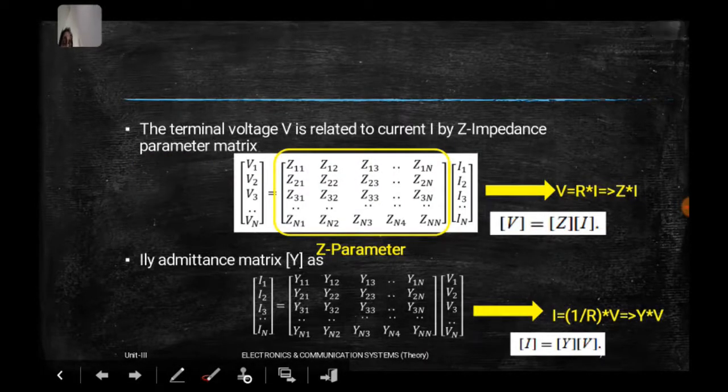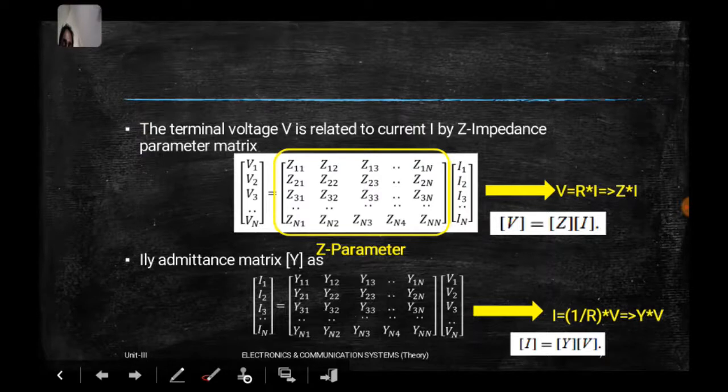V1 in the matrix, how do you write the algebraic equation? V1 equals Z11 times I1 plus Z12 into I2 plus Z13 into I3 plus, etc. This is written as linear algebraic equations, and from that you take only Z14.